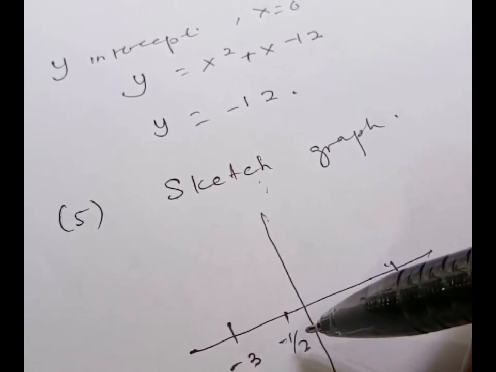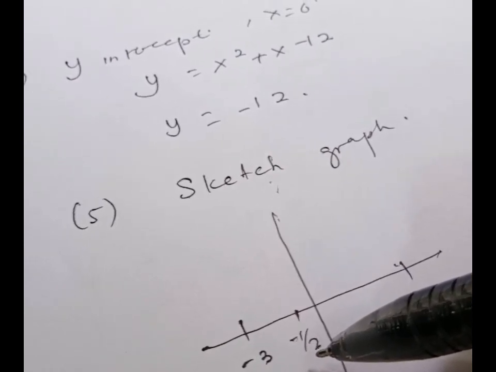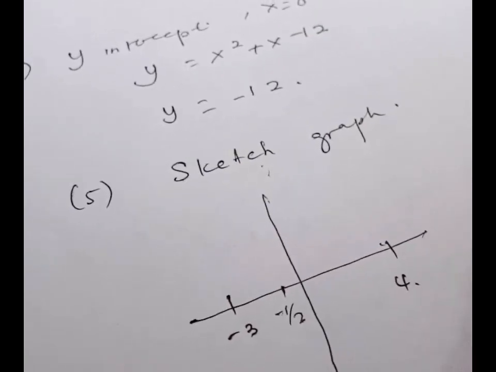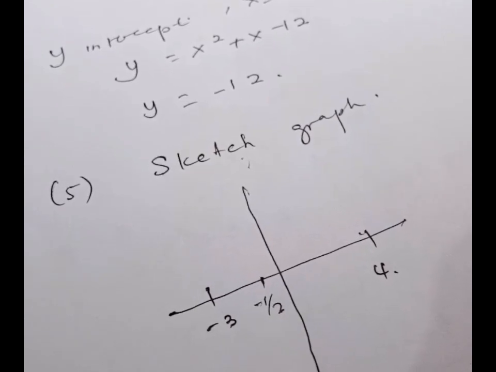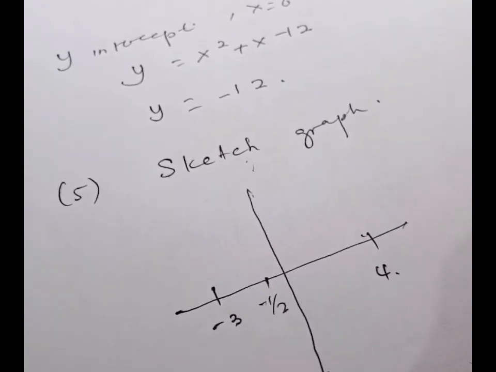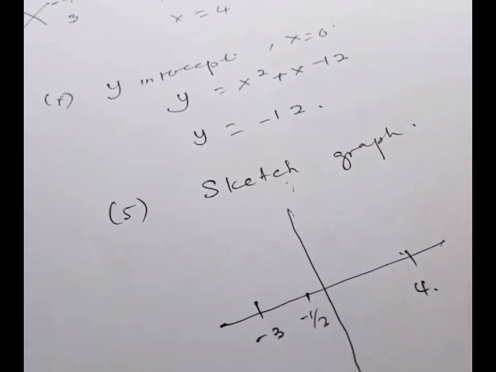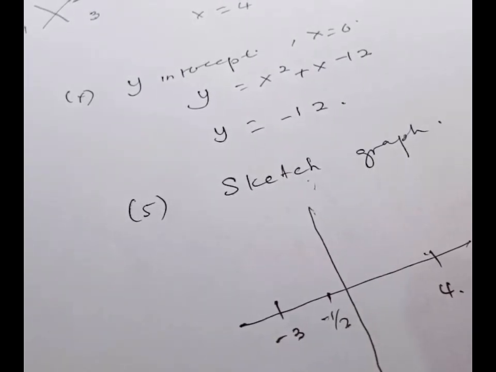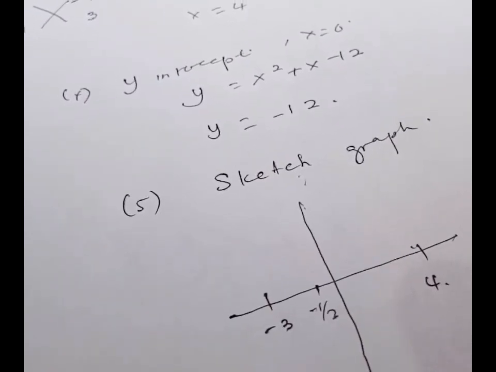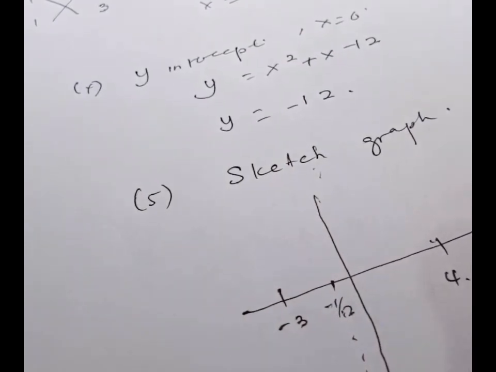So y is negative 49 over 4, and it should be here. 4 times 12 is 48, so 49 must be below. So this is the vertex.